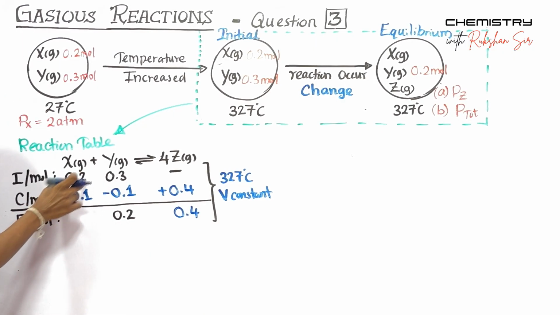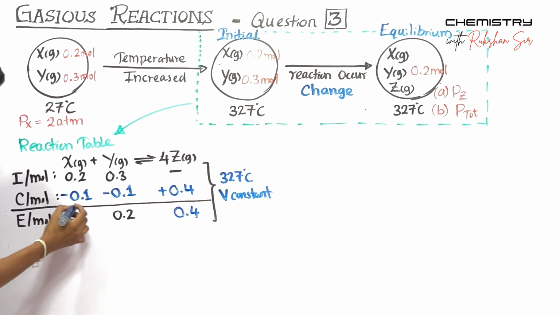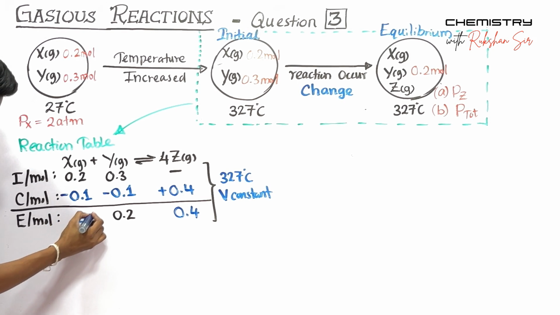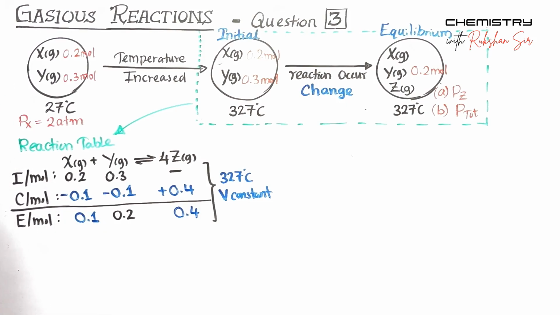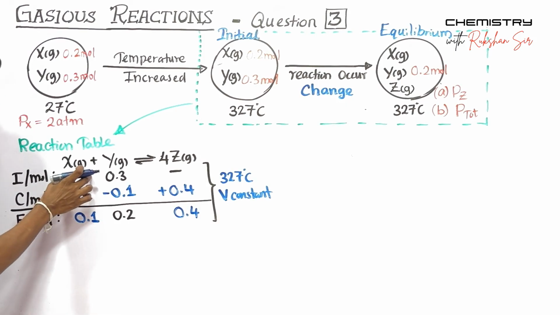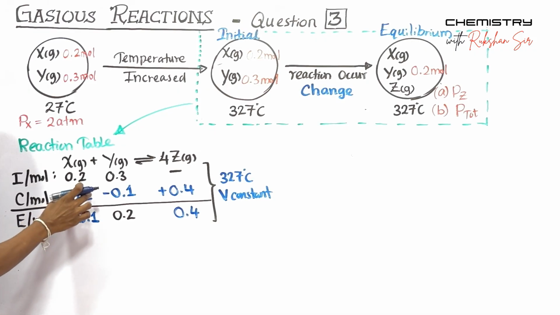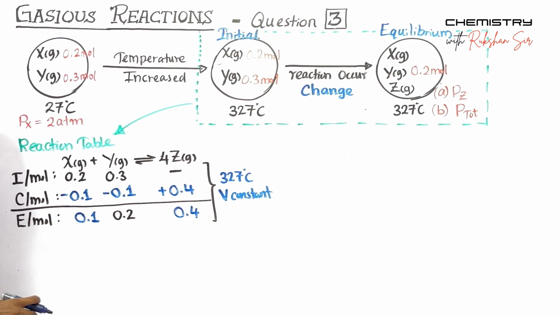At the beginning 0.2 moles of X was there. The reaction consumed 0.1 moles. That means at the end 0.1 should appear, right?